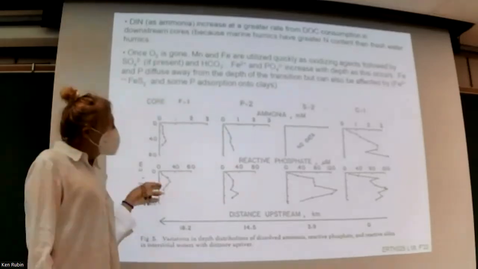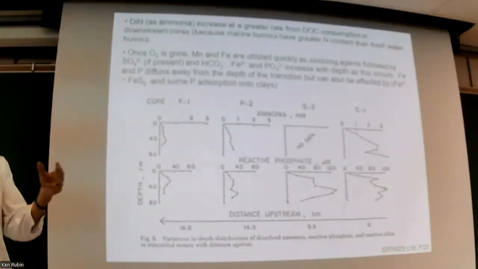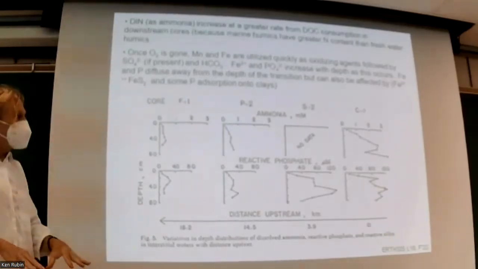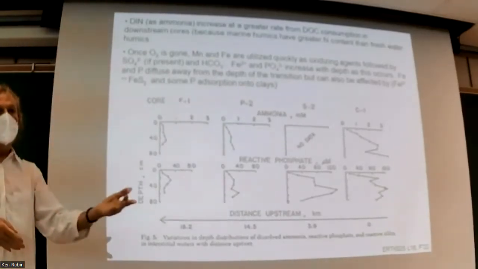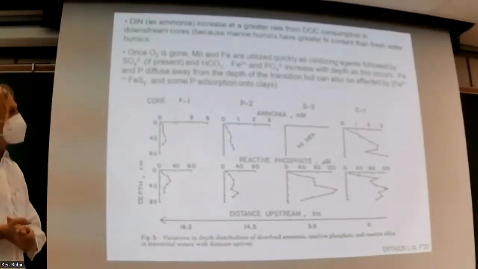Does anyone remember when we were talking about lakes? I said, oh yeah, there's this iron-rich phase that phosphorus sticks to, and a lot of phosphorus in lakes goes down into the sediments until they go eutrophic. And then a lot of that phosphorus gets liberated. It's called vivianite. It's an iron phosphate.